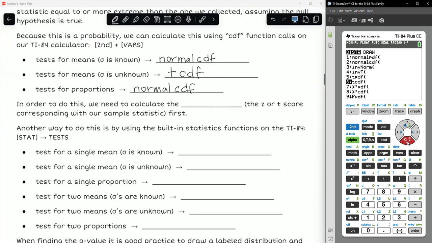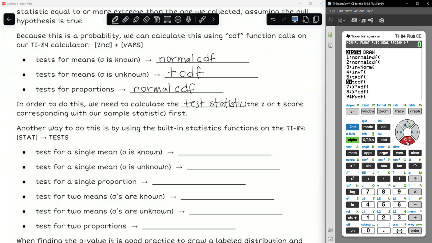If we wanted to go this route, where we calculated the area in the tail and calculated our p-value using these CDF function calls, I would have to calculate my test statistic first. And that, for some of our tests, is going to be ugly. That formula starts to get ugly the more complicated the process is.